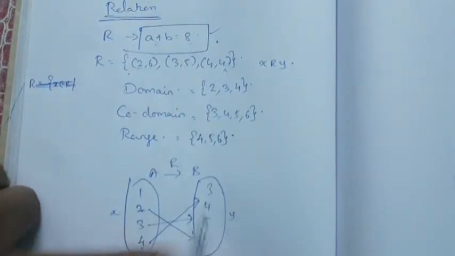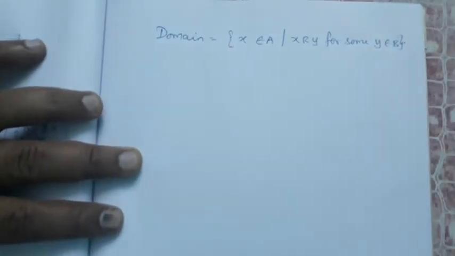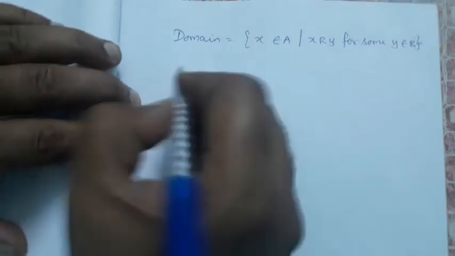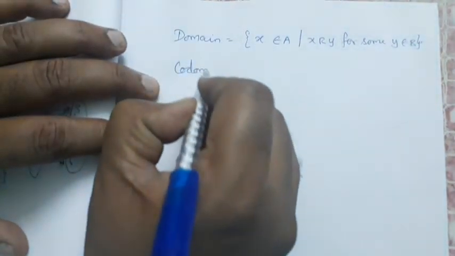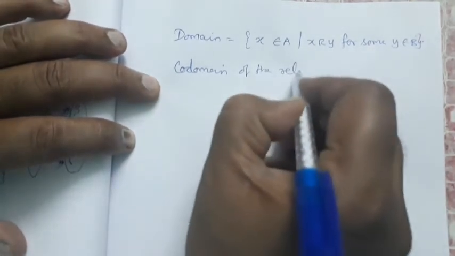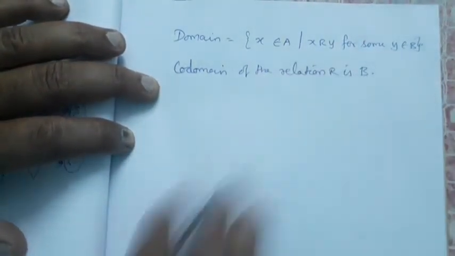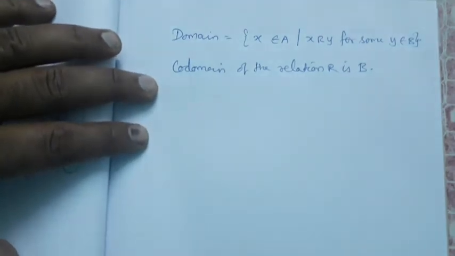For some y belongs to B, this y belongs to B. Okay, this is domain. And what is the next thing? The next thing is codomain. Codomain of the relation R is B. The whole set B should be considered as the codomain.